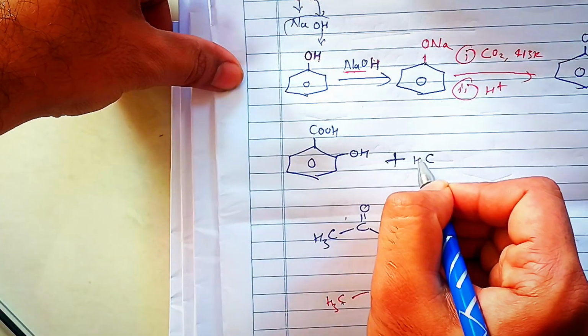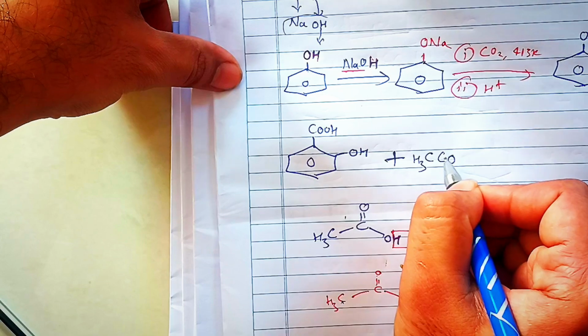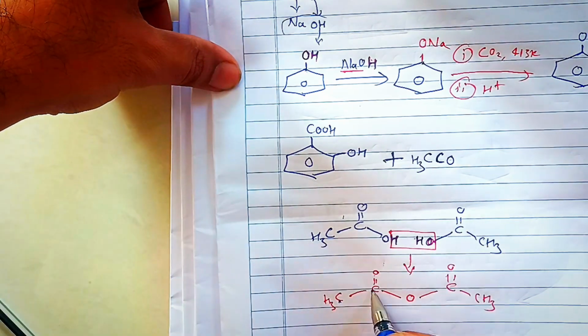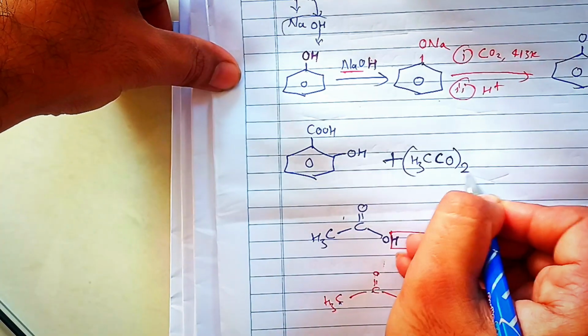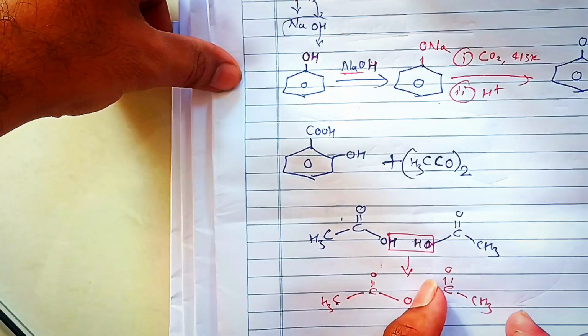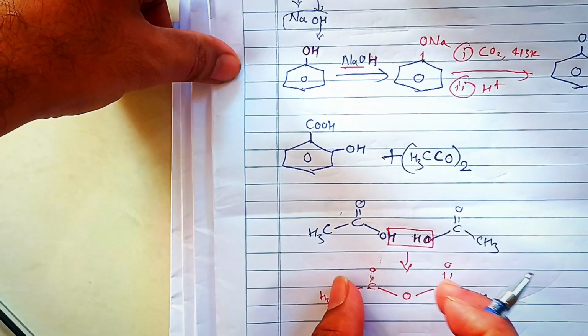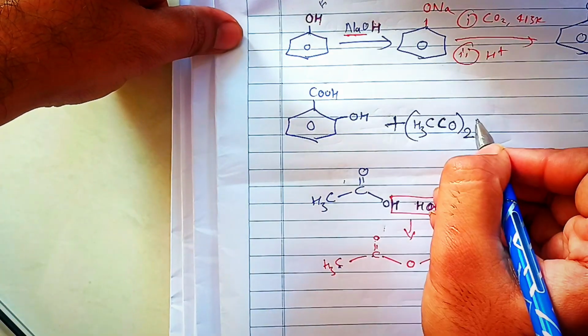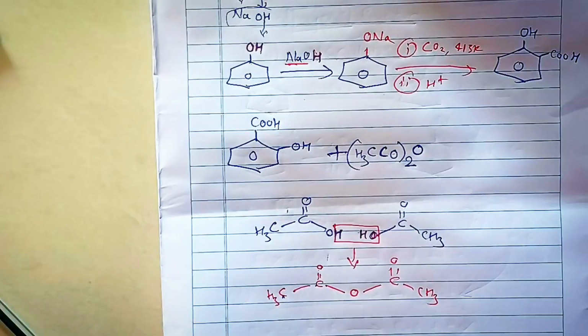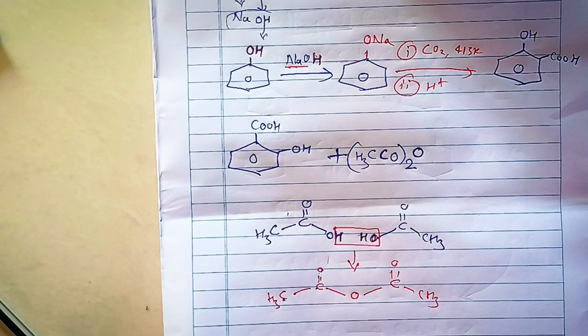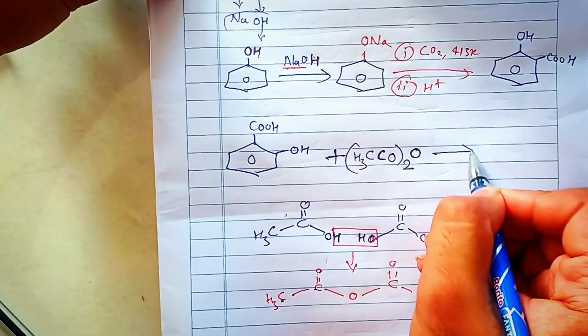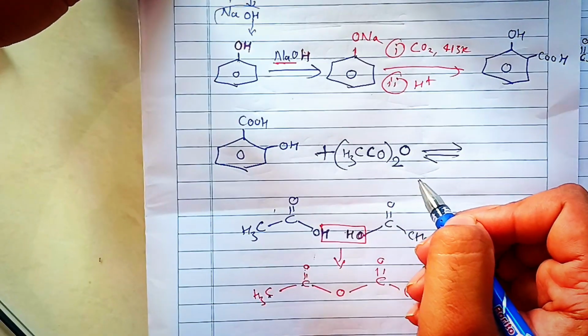means CH3CO, CH3CO twice, plus 1 oxygen, which can be written here, okay? By this we can make the structure of aspirin.